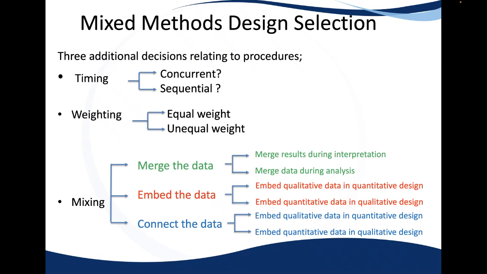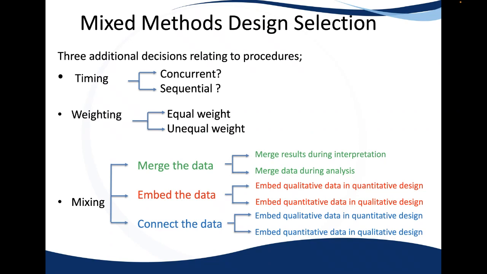So if you are embedding qualitative data into a quantitative design, then in essence, the majority of analysis approaches will be quantitative with some sprinkling of qualitative analysis approaches. The opposite is true when you are embedding quantitative data into a qualitative design.